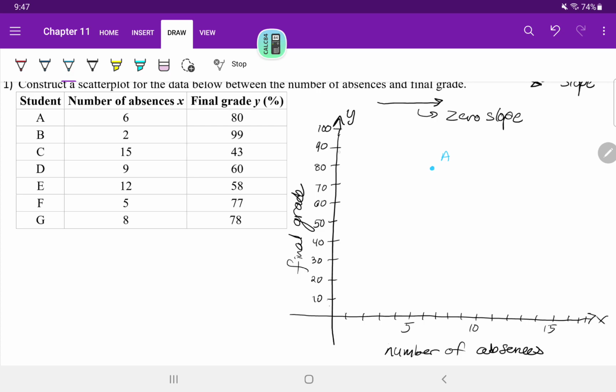So that's going to be between 90 and 100, but a lot closer to 100. So we'll put it right here, and I'm going to put B right there just to label it. Student C, 15 absences, final grade is a 43. So we'll put it right about here.